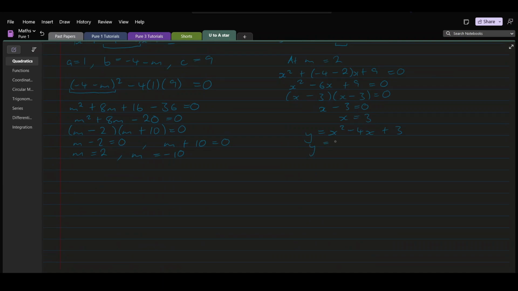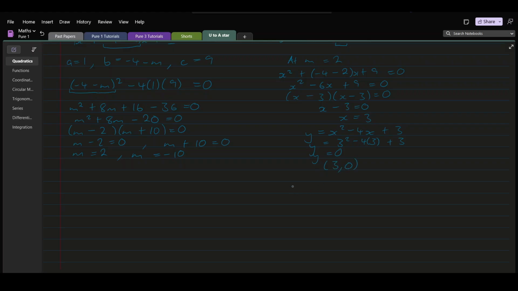We substitute x with 3, that's 3 squared minus 4 times 3 plus 3. So that's 9 minus 12. That's minus 3 plus 3, which gives us y is equal to 0. So we know that at m equals 2, the line touches the curve at the coordinates 3, 0.